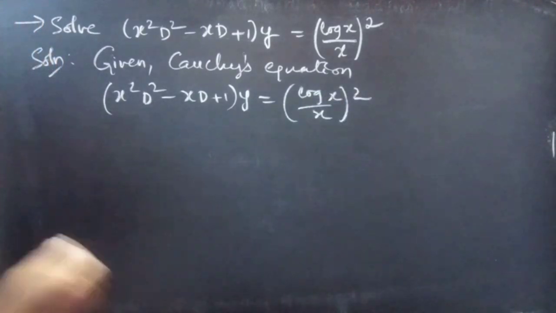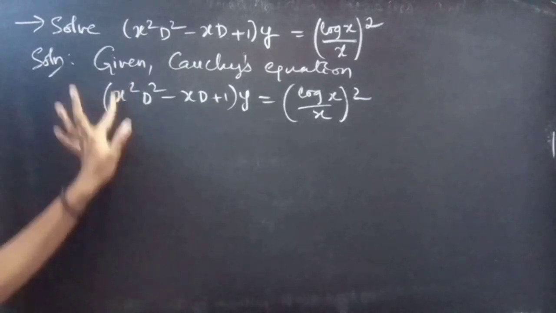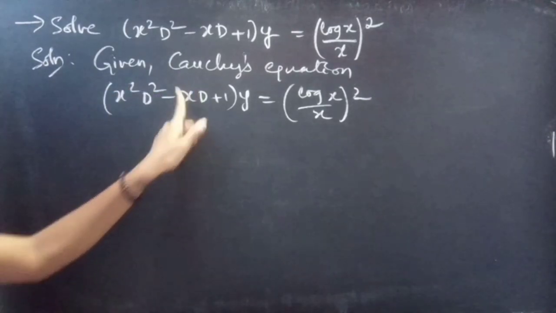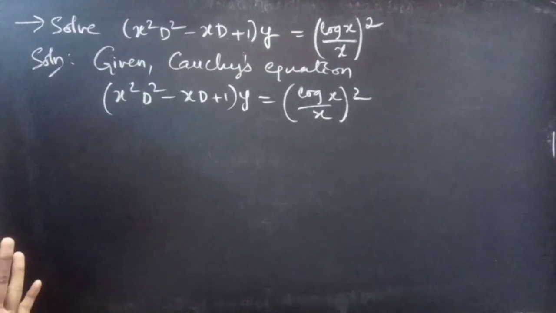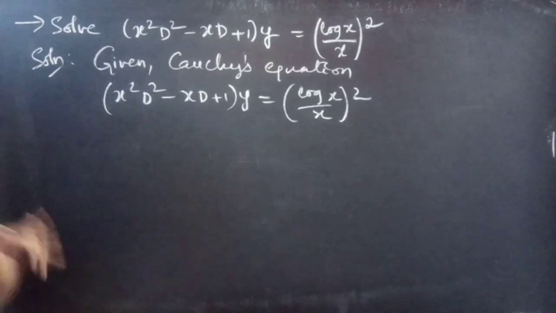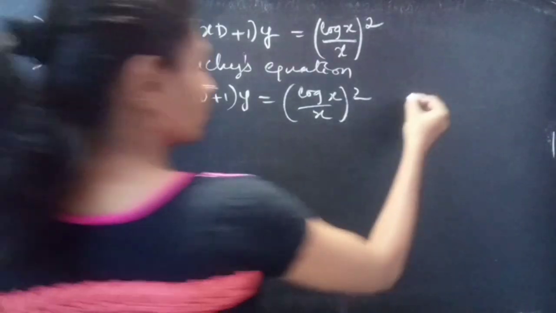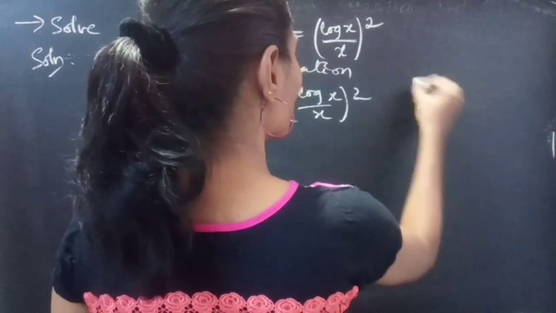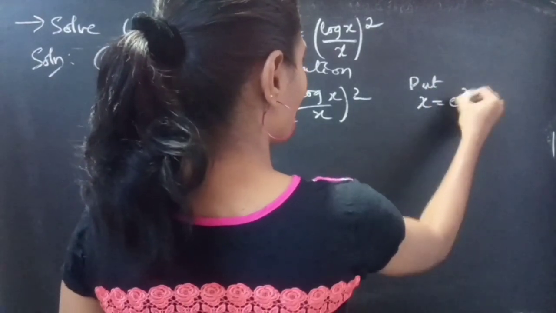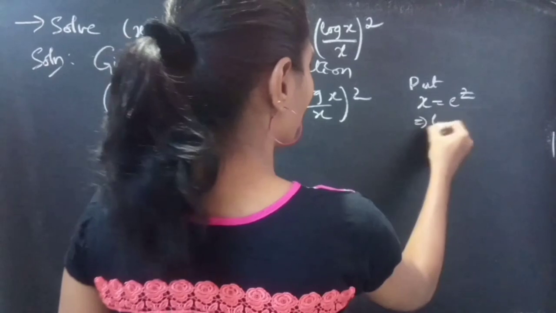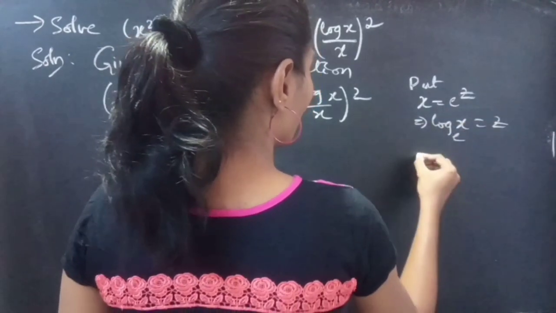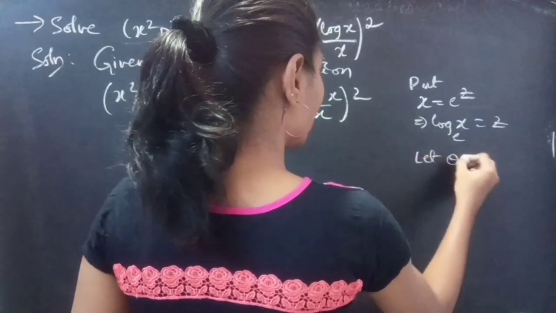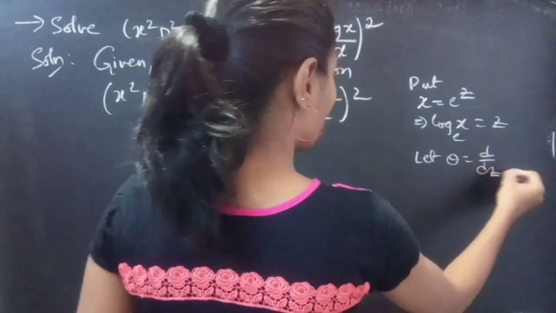Now we'll convert this equation, which has variable coefficients, to an equation with constant coefficients simply by making a substitution. x equals to e power z, then log x equals to z, and also let theta equals to d by dz.